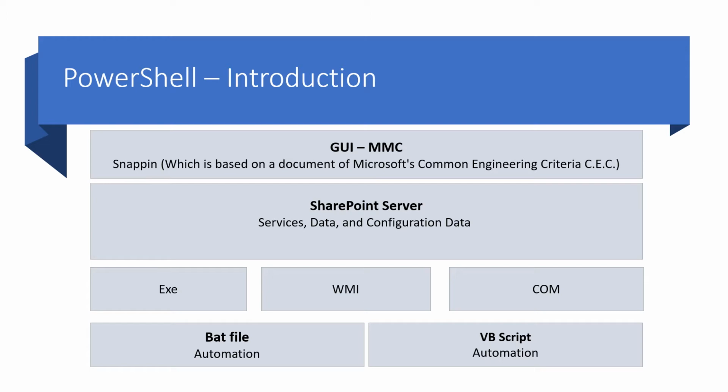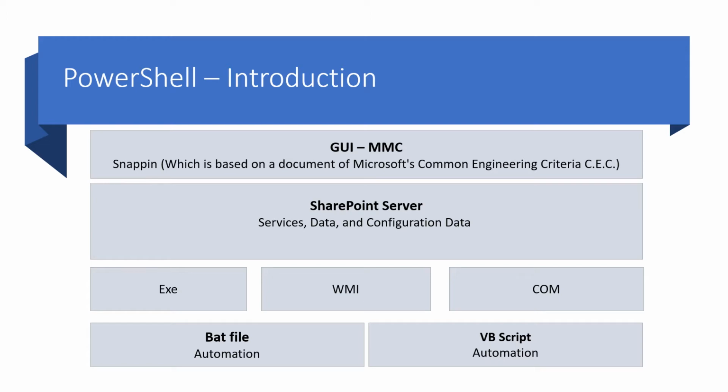So let's take a SharePoint server as an example. The SharePoint server has some services data and configuration data, and to run administration tasks we have a GUI and MMC consoles, and all administration has to be built in as an MMC, and GUI is not an ideal platform for automation.